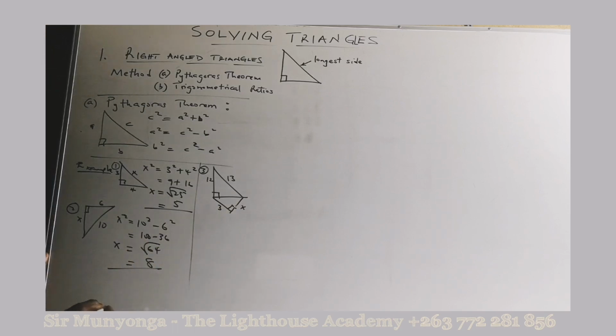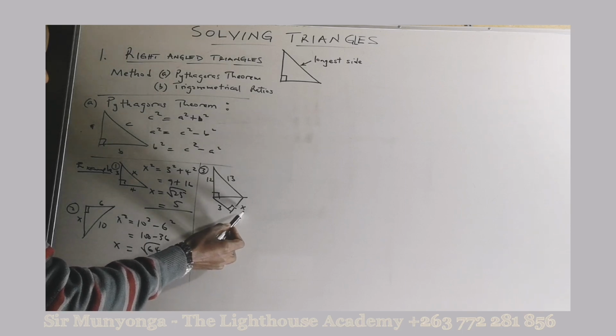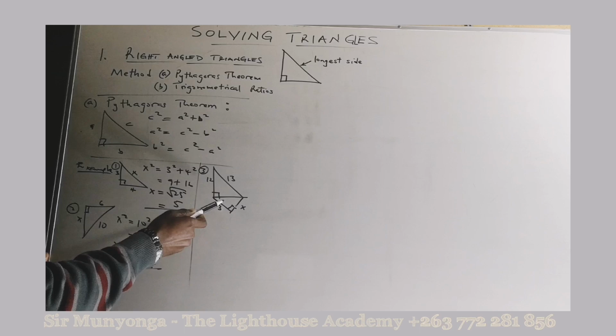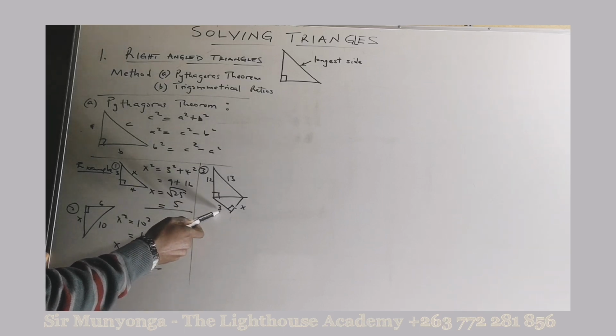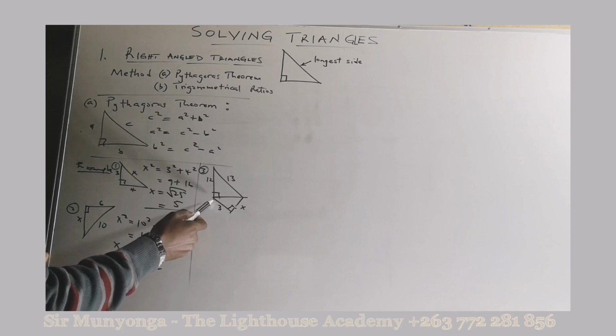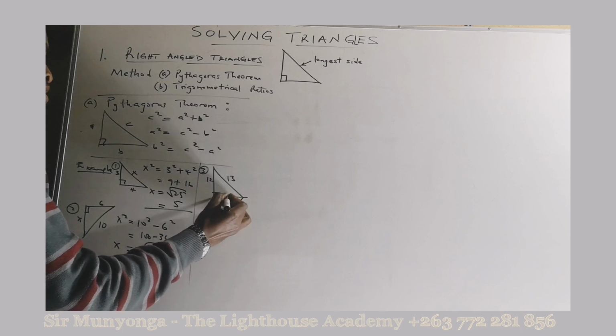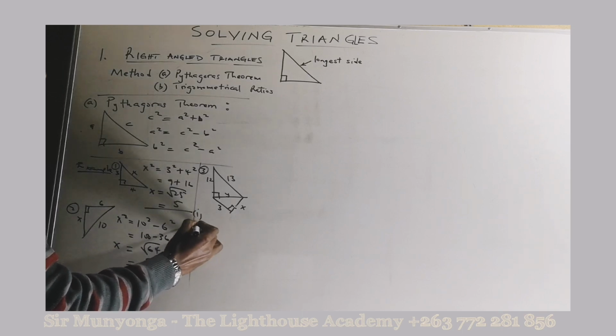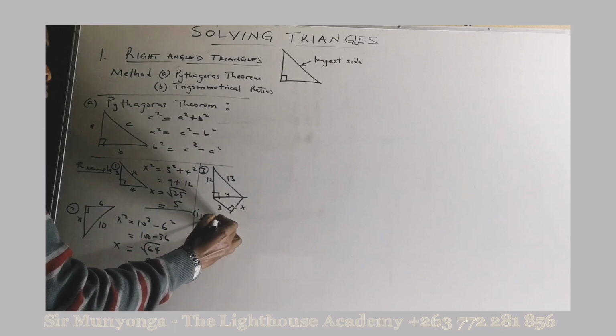From this diagram, you cannot find the value of x directly, because to make use of the Pythagoras theorem, you need two sides. In this lower triangle, we just have one side. So we are forced first to look for this side. Let me label that side y, and say in part 1, we first find the value of y.